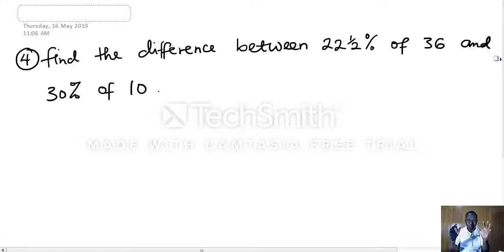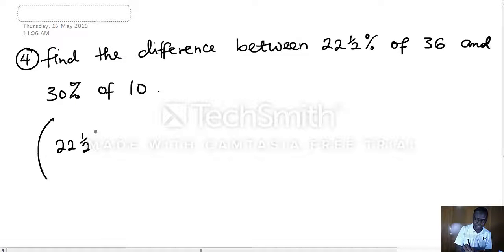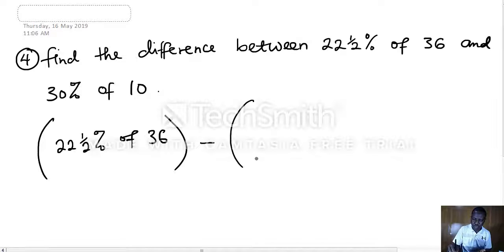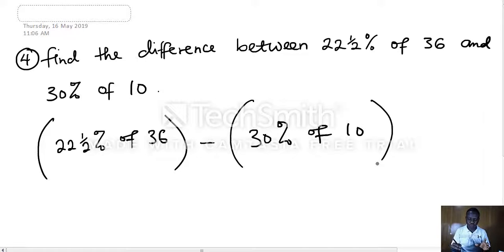So we can write that like this, bracket 22.5% of 36 minus 30% of 10. So I'm asked to find the difference between this and this.